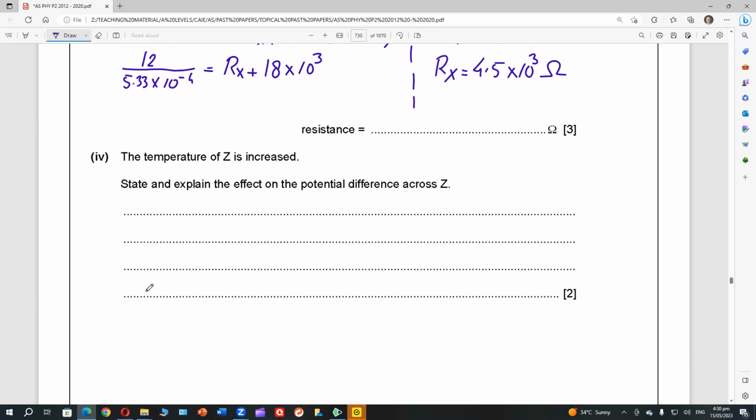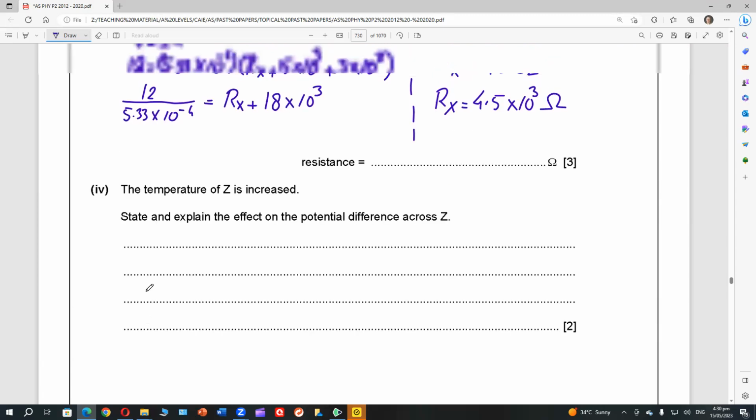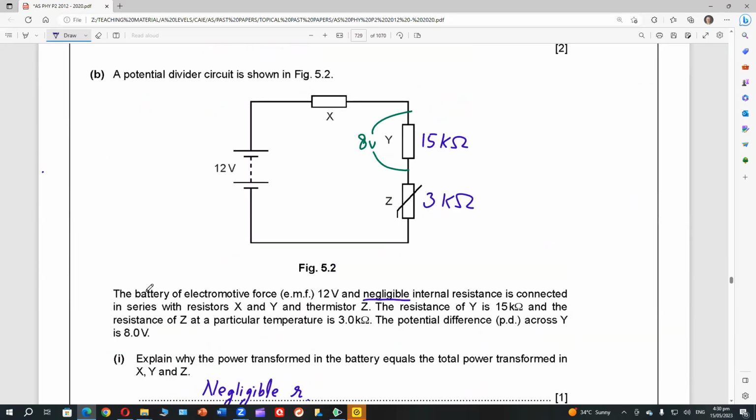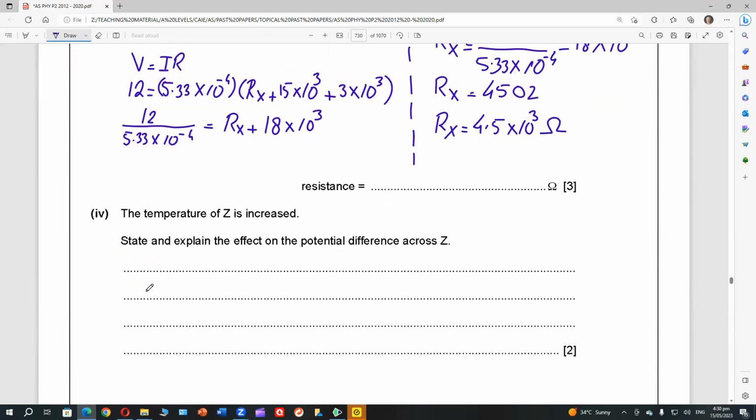The temperature of Z is increased. State and explain the effect on the potential difference across Z. Explain the effect. It's a thermistor. So if temperature increased, resistance will decrease. It's a thermistor.